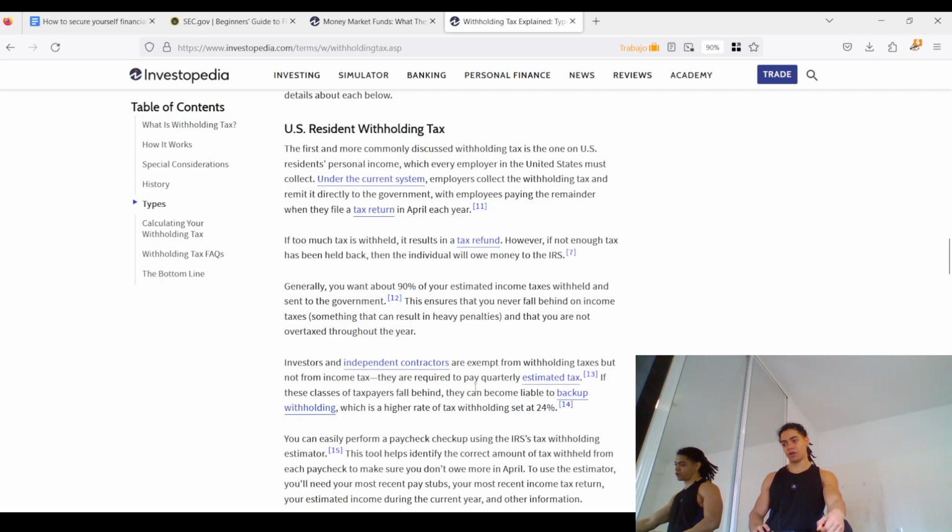They are required to pay quarterly estimated taxes in the US. So investors and independent contractors are exempt from withholding taxes, but not from income taxes. After all, you're going to be taxed based on how much money you made. And they're required to pay quarterly estimated taxes, again based on your income.